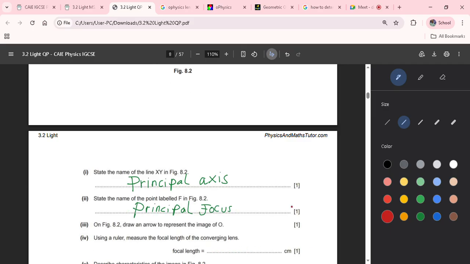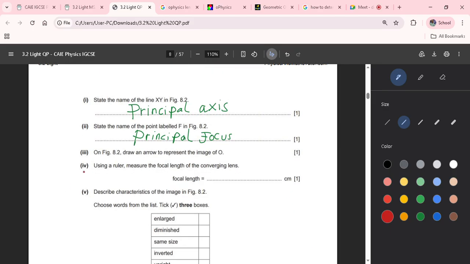Okay, next one. Draw an arrow to represent the image is already done. Using a ruler, measure the focal length of the converging lens. What is the focal length? But using a ruler, how do we use the ruler here?